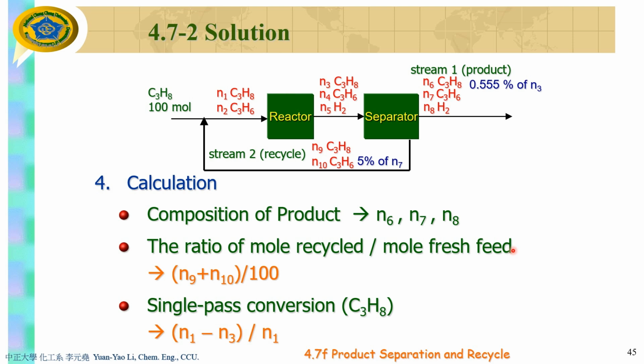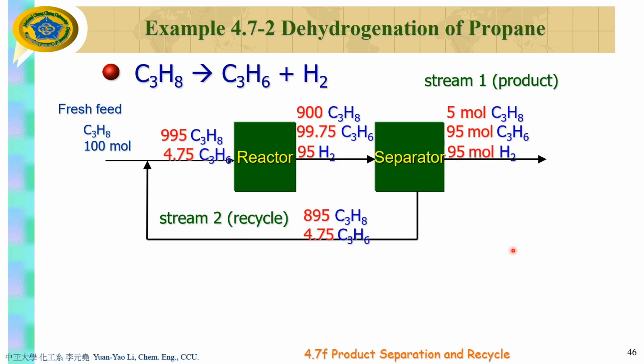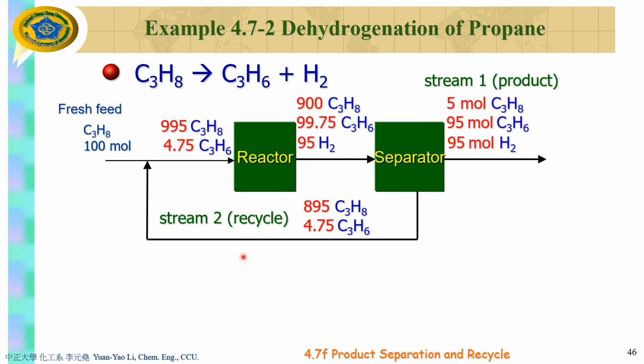Right, so please do this by yourself. What I want to tell you is that these numbers are our answers. Then 995, 4.75, these are our answers. After you do the calculation, this is the answer.